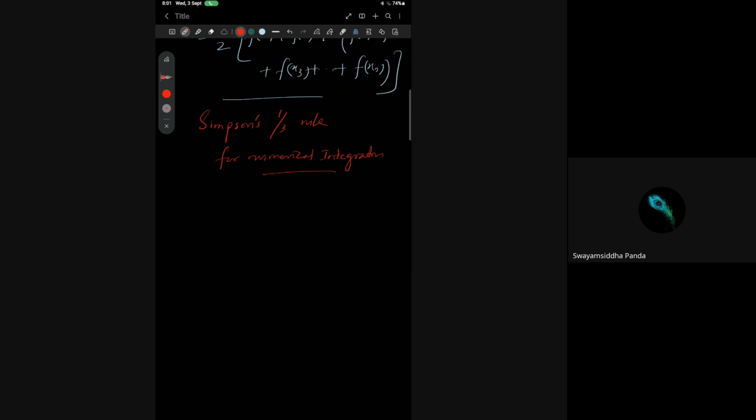which is, let's say, integration of y dx from a to b.